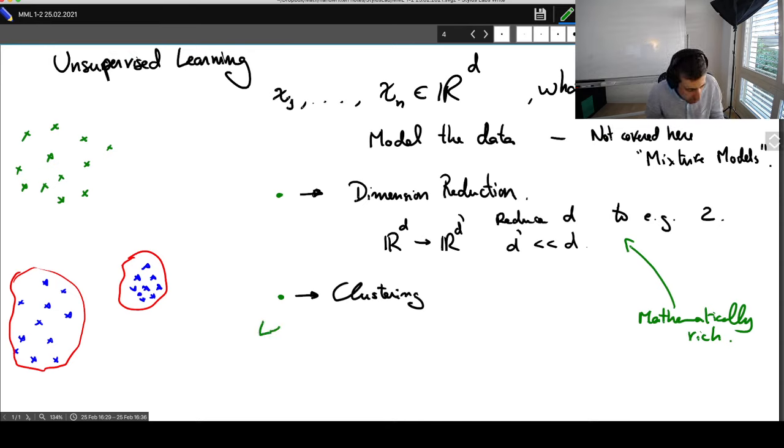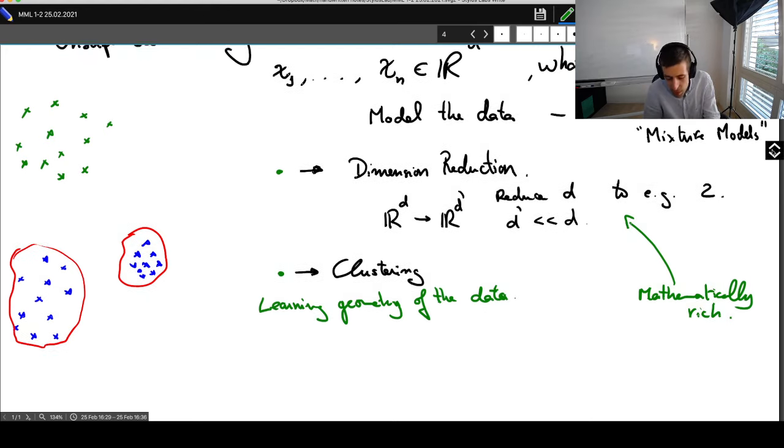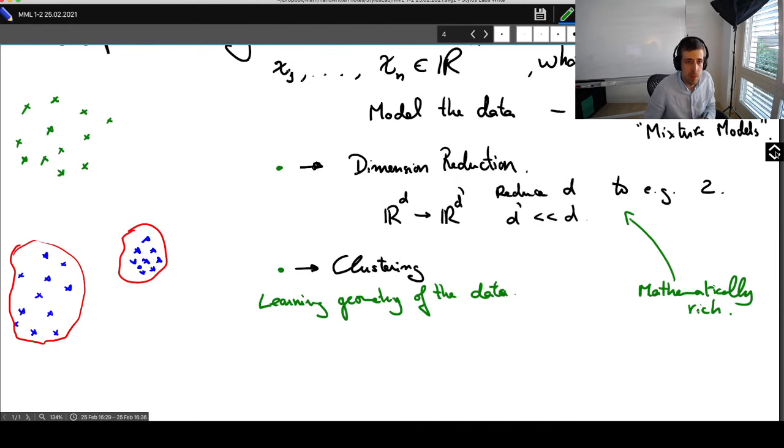So they're both about learning the geometry of the data. In the first one, the geometry is that it naturally projects to a low-dimensional space, so its intrinsic dimension is in some form smaller. And in the second one, it splits very well into clusters.